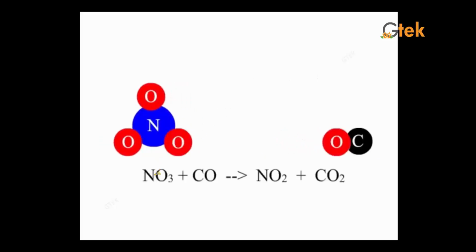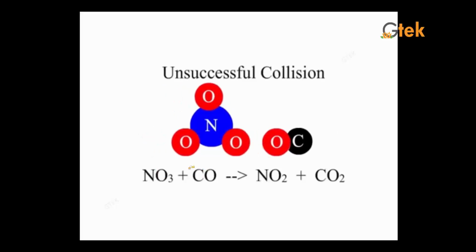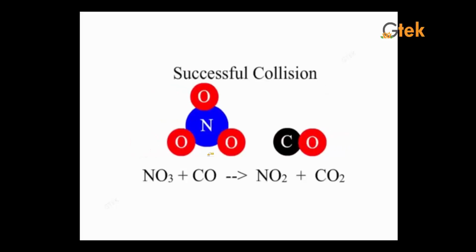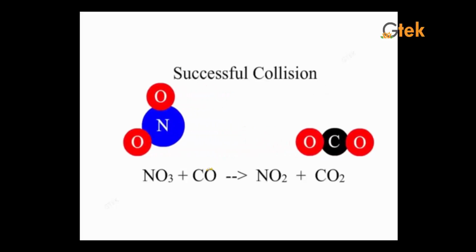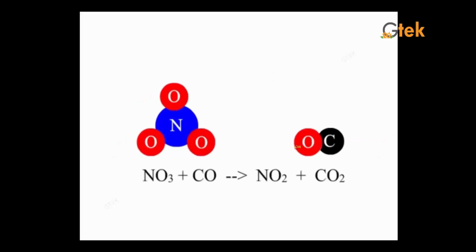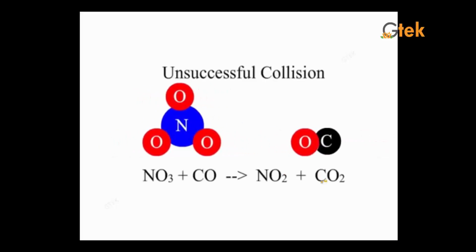This is how the reactants react so that you will be getting a product. And this is kind of a displacement reaction. The reason is NO3 is displacing an oxygen to carbon monoxide to form carbon dioxide.